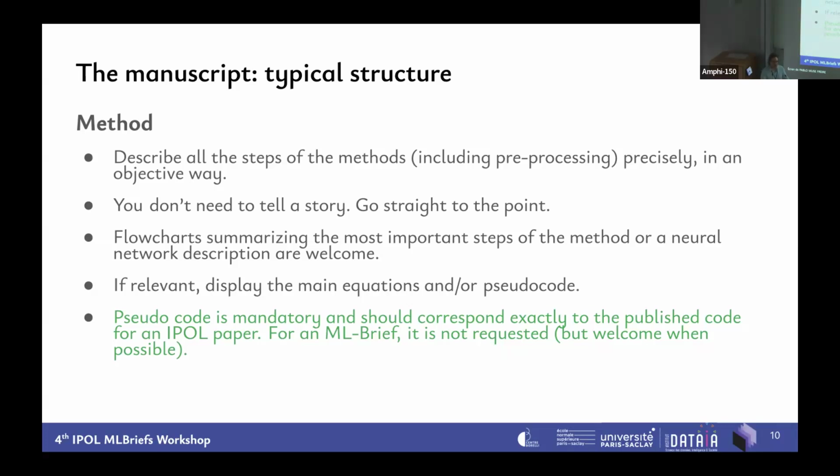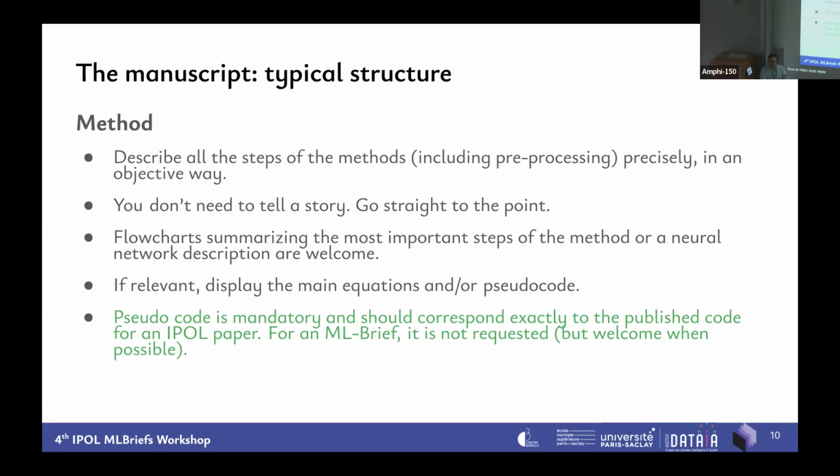So if you want to include flowcharts that will allow the reader to easily understand the method, when you put the most important steps, or for example a diagram of a neural network or whatever, these kinds of things are welcome. The idea is that the reader is able to understand, so it helps. And of course, usually we implement methods, we have math behind, so there should be equations if they are needed.